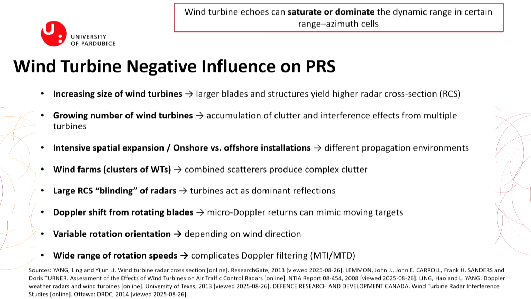Then identification of the speed of this target is also really influenced by the Doppler shift of rotating blades, because as I told you, at the tip of the blade the speed could be from 800 up to 1000 meters per second. But that is the speed of planes.